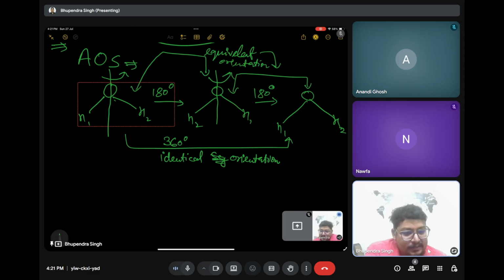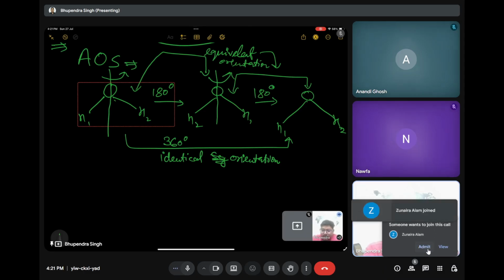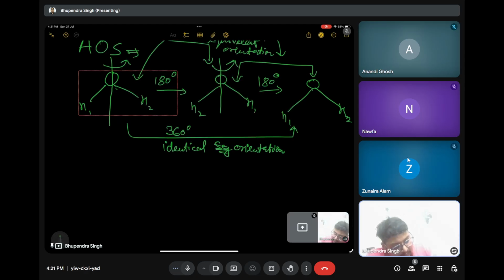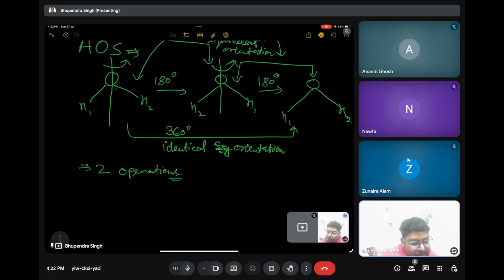Basically, that will give you the point group of that molecule. You require two operations to reach the identical structure.